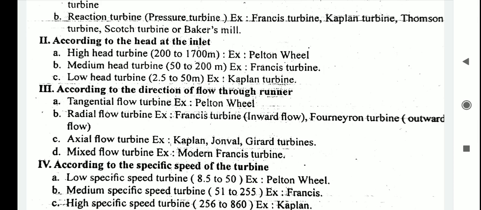In an inward flow turbine, the water enters at the outer periphery and passes through the runner inwardly towards the axis of rotation and finally leaves at the inner periphery, for example Francis turbine. In outward flow turbine machines, the flow direction is opposite to the inward flow machine. So this is about the radial flow turbine.